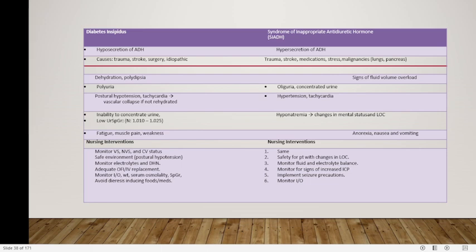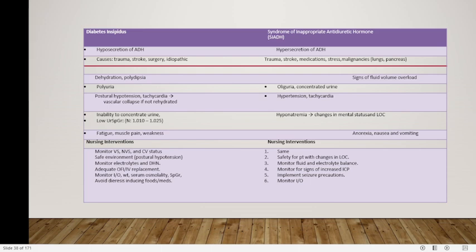So patients with diabetes insipidus have inability to concentrate urine. So they have a low urine specific gravity. Remember the normal is between 1.010 to 1.025.